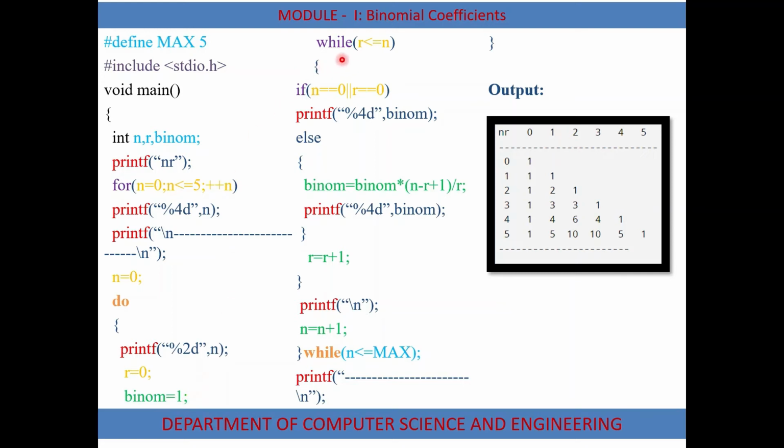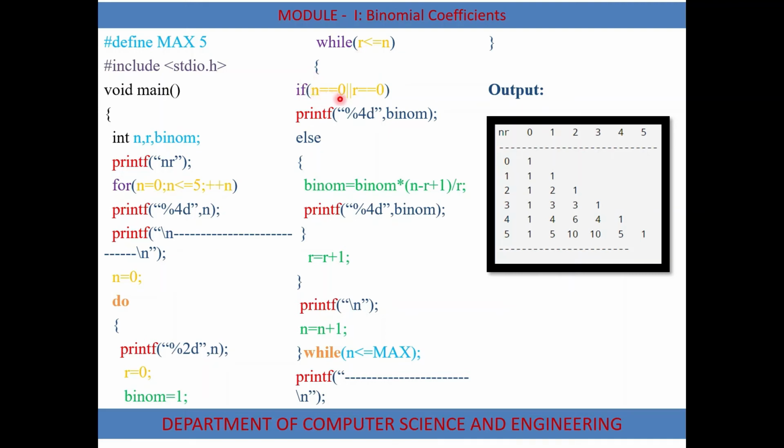Next, while r less than or equal to n: what is the value of r? That is 0. What is the value of n? That is also 0. Is 0 less than or equal to 0? Yes, both the values are same. If it is true, then jump to this section.